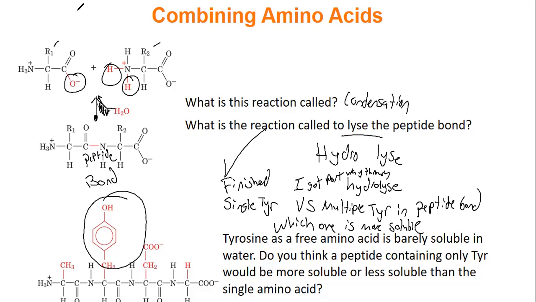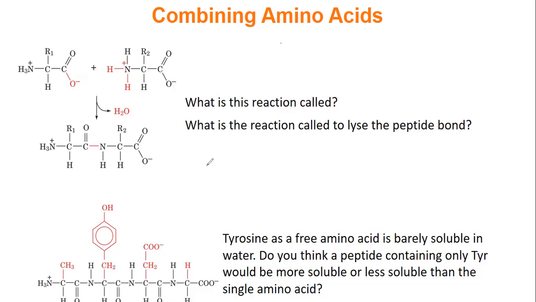Let me erase all this writing so we can take a look at why that is. So remember, if you're an amino acid, you're a Zwitterion. You have a positive and a negative group. Tyrosine looks like this. Has a big phenol ring, a little bit of OH.